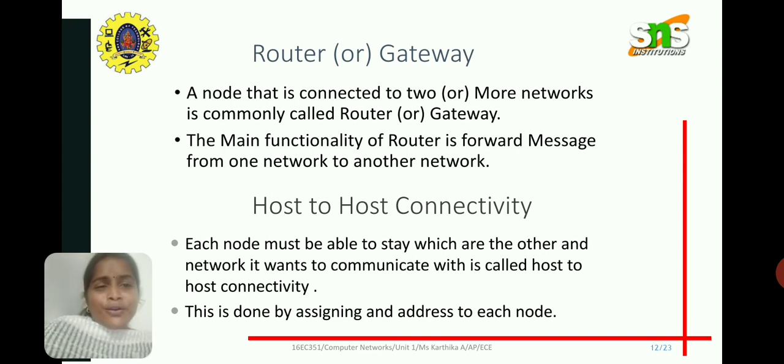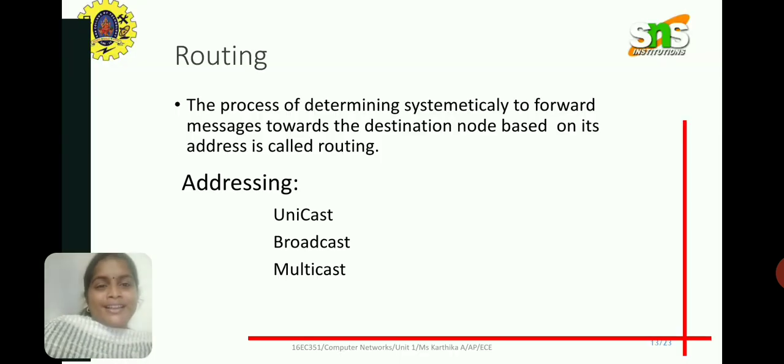What is host-to-host connectivity? We know that host-to-host connectivity is done by assigning an address to each node, that is, a sender address and a receiver address. Previously we discussed IP addresses. Same thing. We have different IP addresses for the sender as well as the receiver.